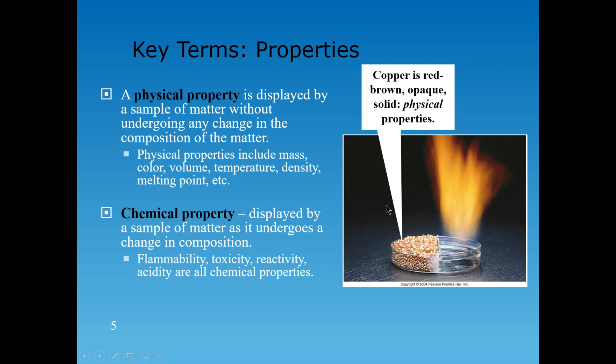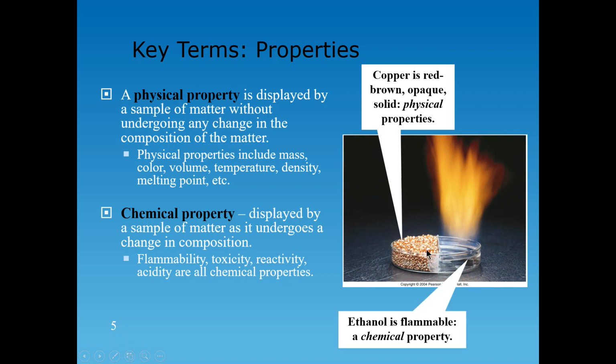If we look at this picture here, we have copper metal in a dish, and occupying the other half of that dish is ethanol. The observation that copper is reddish brown in color and an opaque solid is a statement of some physical properties of copper, because we can make these observations without copper undergoing any reactions whatsoever.